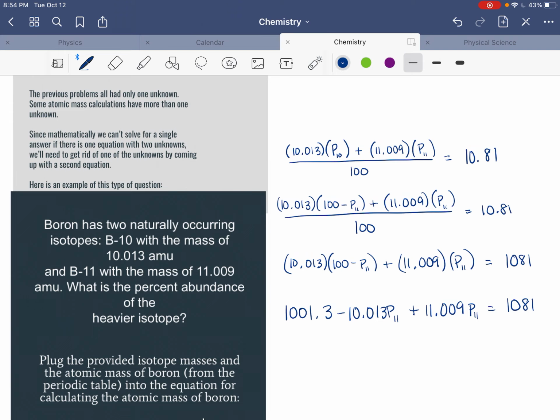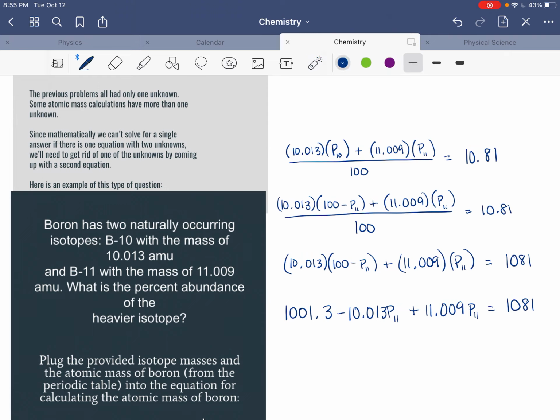Okay, so I'm going to subtract this over to get my P11s on their own. I'm going to subtract this over, okay, and then I'm going to combine these two different figures. So the negative 10.013 plus the 11.009 P11.